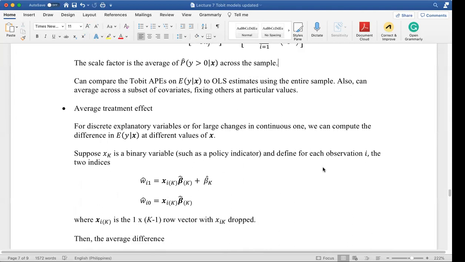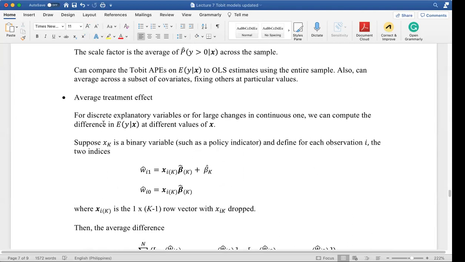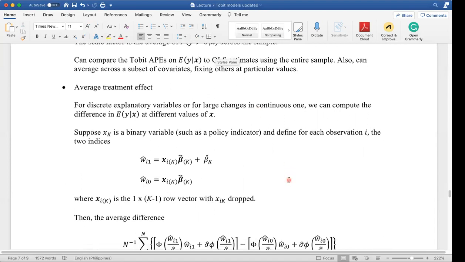For the average treatment effect, we calculate those for discrete explanatory variables or for large changes in the continuous variables, that is, for the right-hand side variable. So we compute the difference in the expected value of y given x at different values of x.